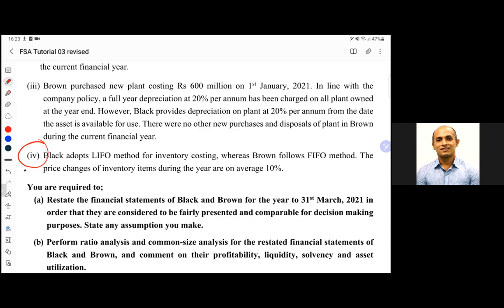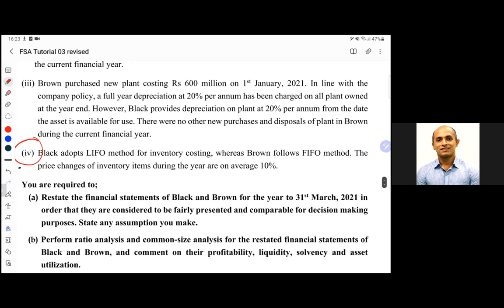So this is about inventory. You see Black follows LIFO and Brown follows FIFO. Now you see the two companies' inventory costing methods are not the same. Therefore, the two companies' inventory values, cost of sales values, and therefore gross profit values are not comparable.